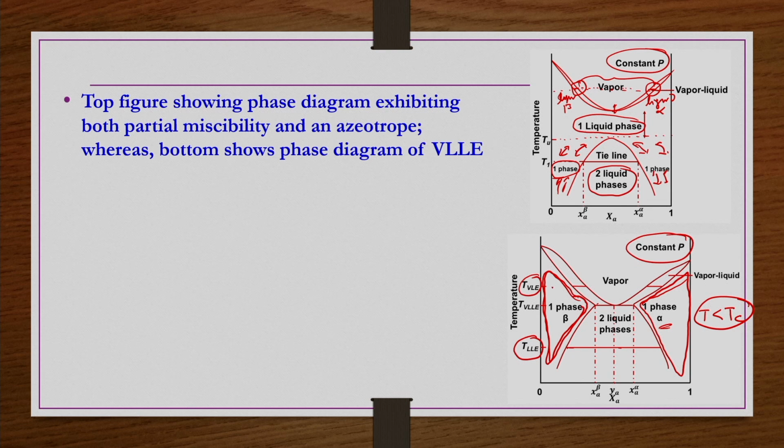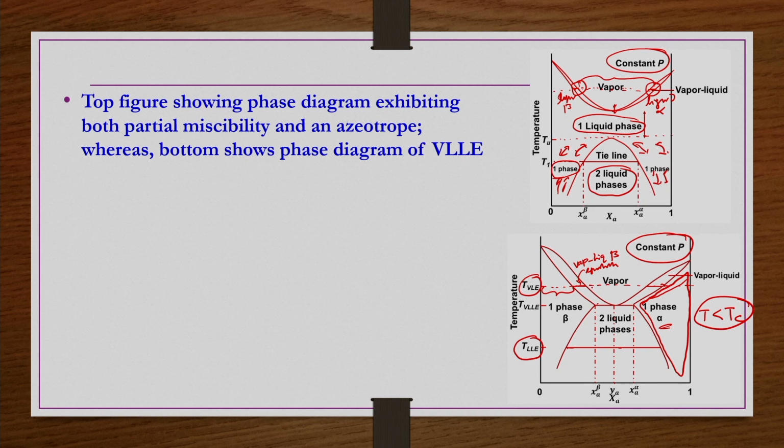At this temperature, if you draw a tie line, then depending on the mole fraction, if the mole fraction is small and up to this range, we have only a single liquid phase, that is liquid phase beta, and then after that vapor and liquid beta phase equilibrium is there.